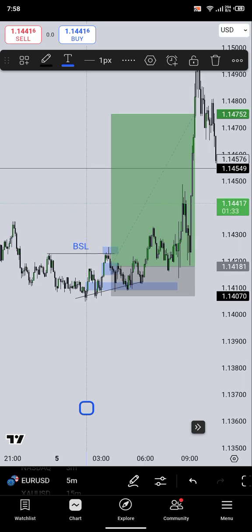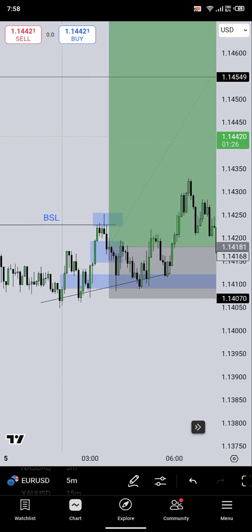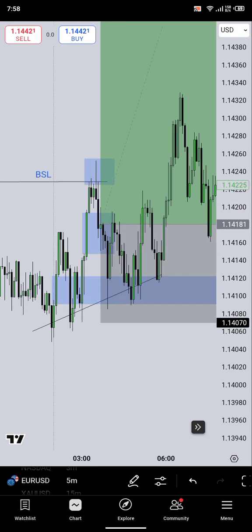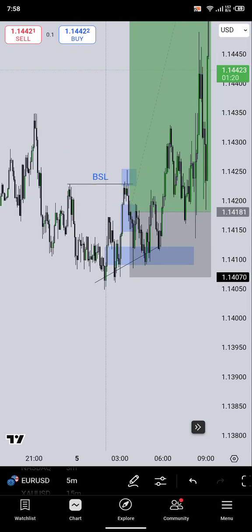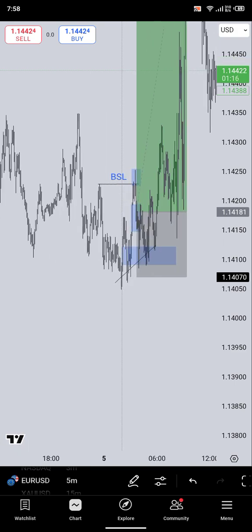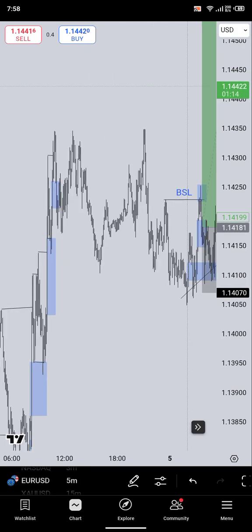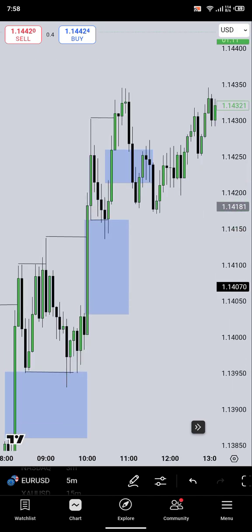But not every time it happens like this. Sometimes when the session opens, price might want to dip down and take out this liquidity before going forward. But the reason is, notice this, our previous day fair value gap.